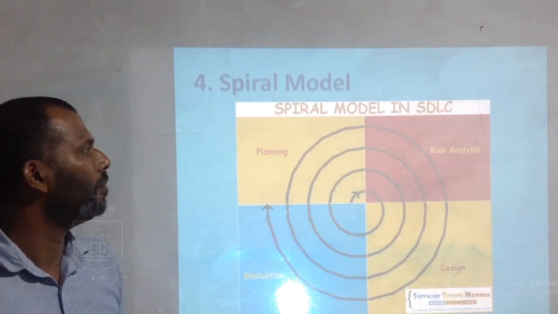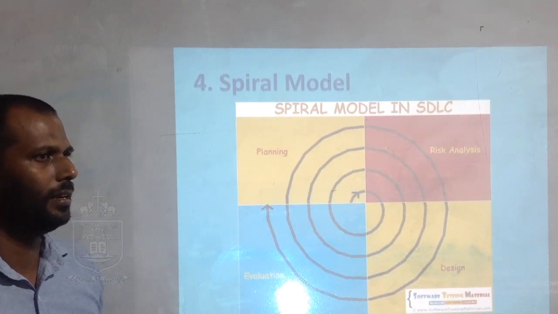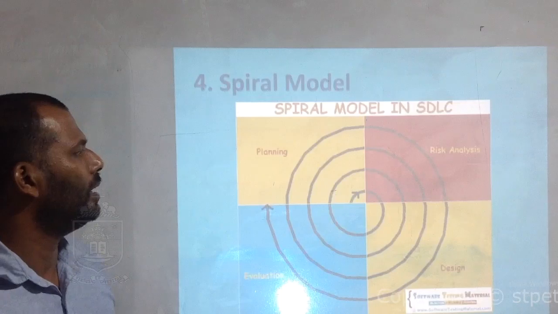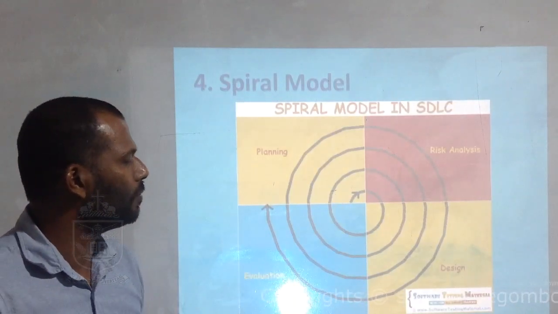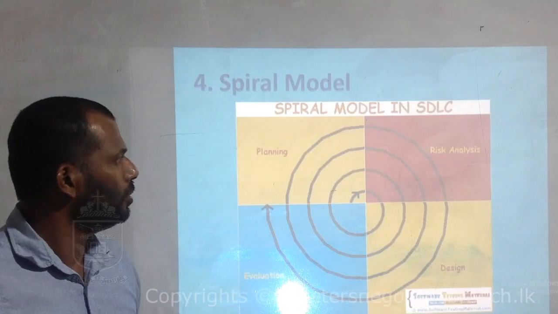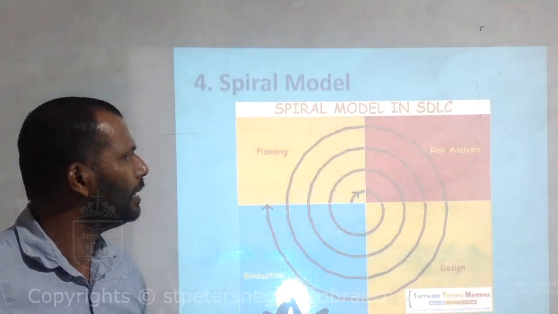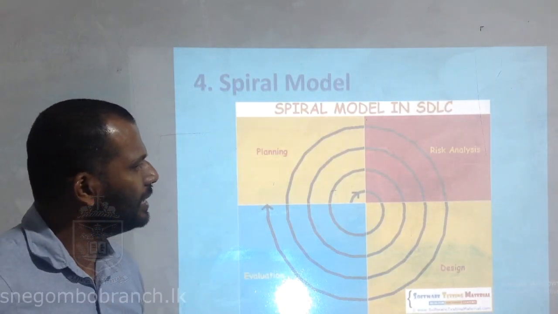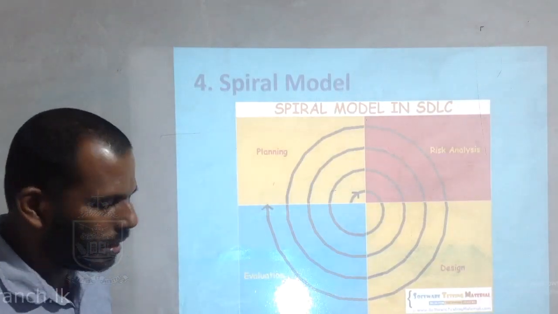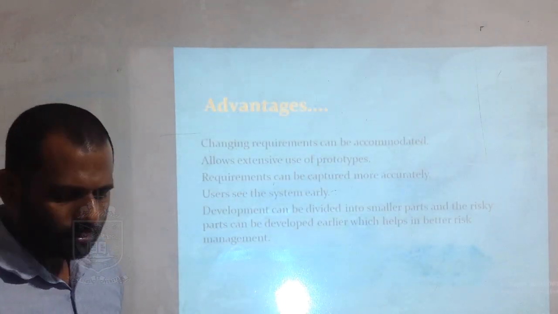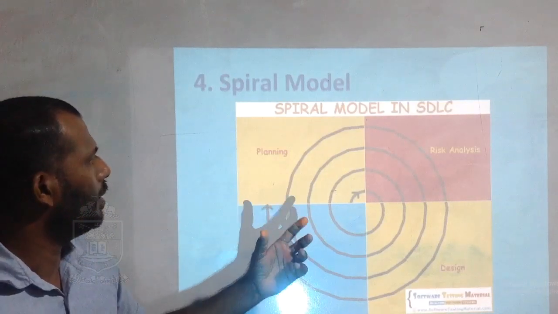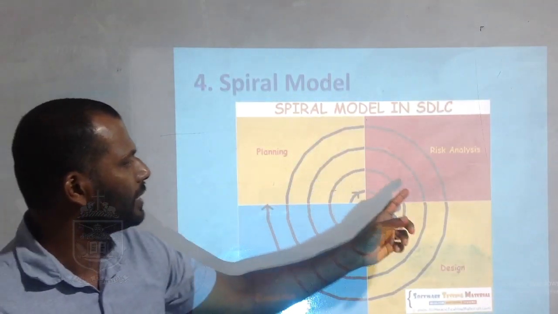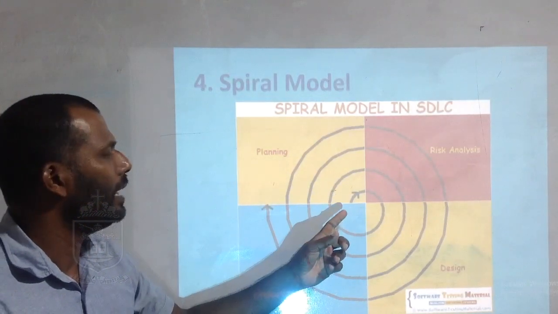Fourth one, the spiral model, is another commonly used type in large projects. In the spiral model we can find 4 basic stages: planning, risk analysis, designing, and evaluating.